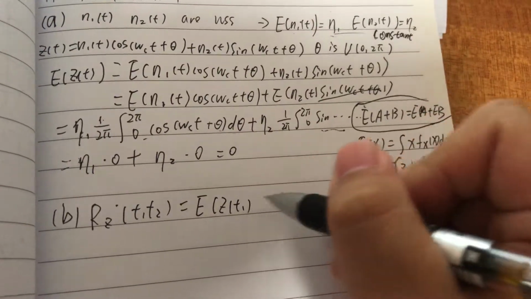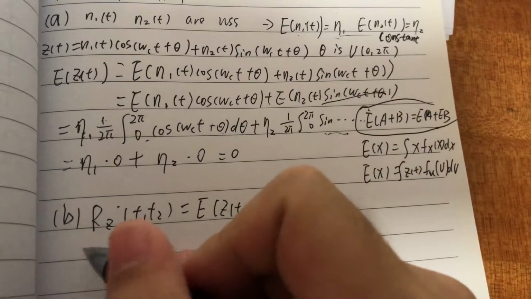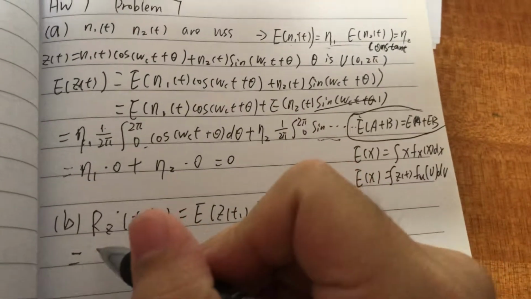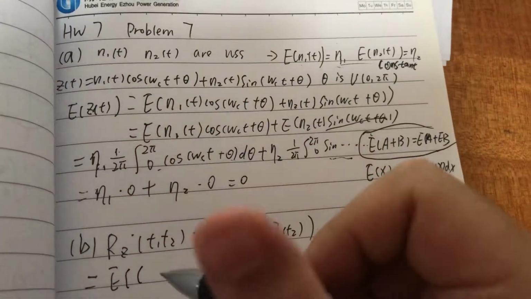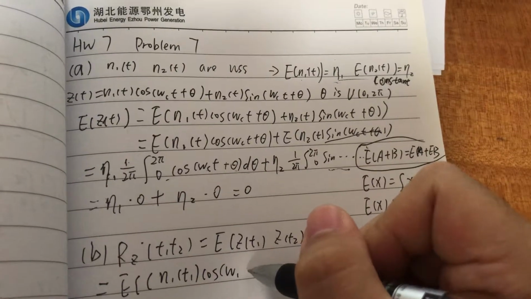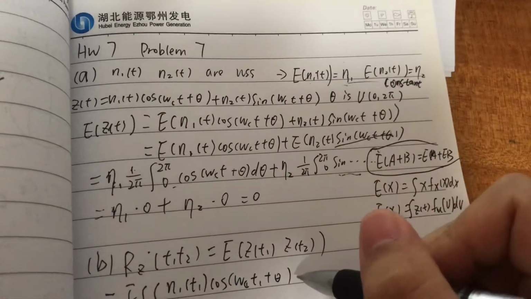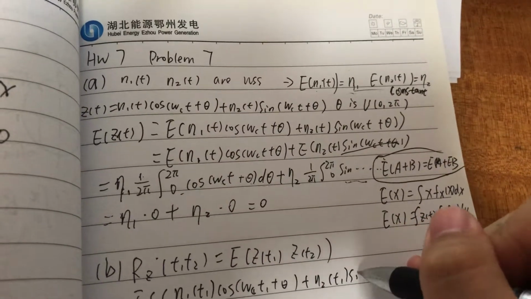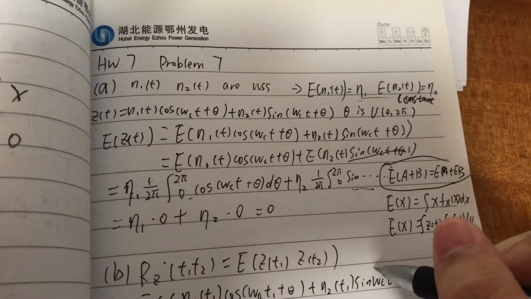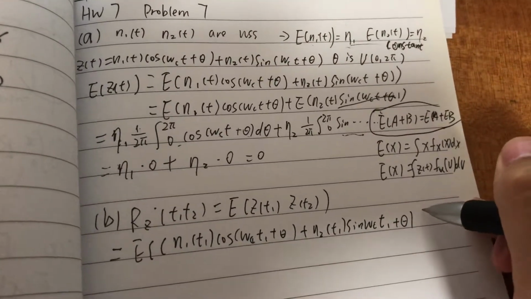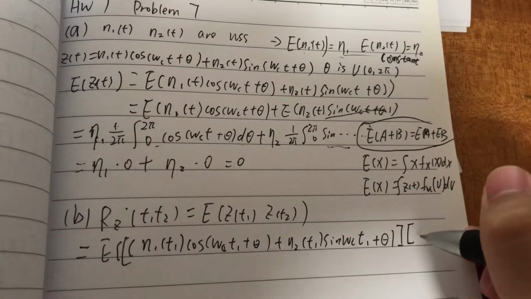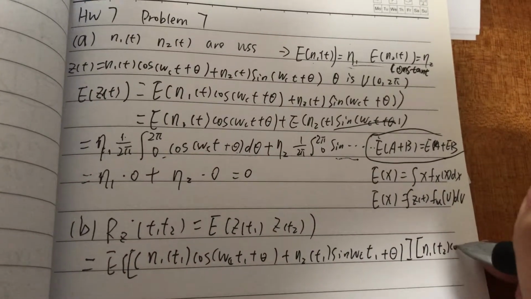Z(t1) is N1(t1) cosine(wct1 plus theta) plus N2(t1) sine(wct1 plus theta), times, which is complicated, the same for t2.